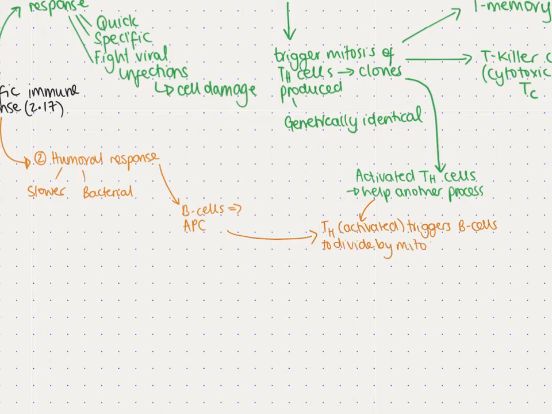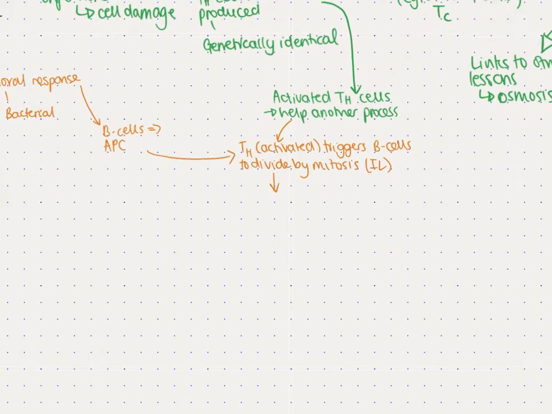And again, we're going to be using those interleukins, those IL molecules. And once we've got those B cells dividing, we've got a process called clonal expansion happening. So clonal expansion, and that is just where we're producing lots of the same B cells.